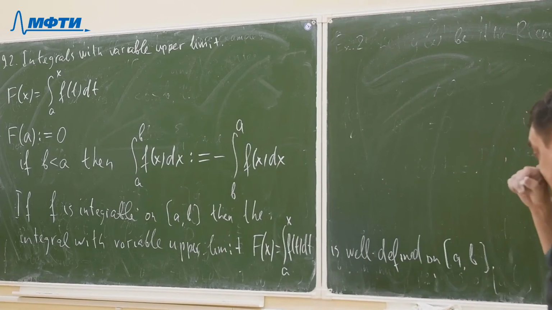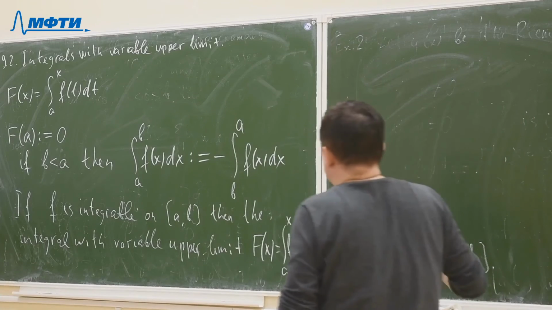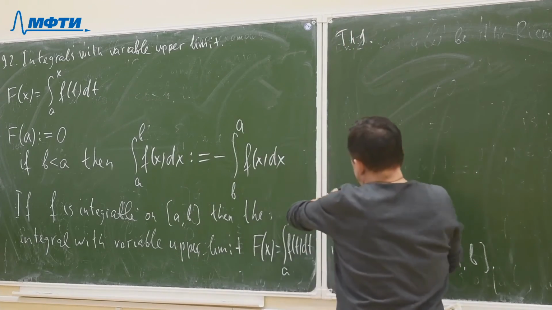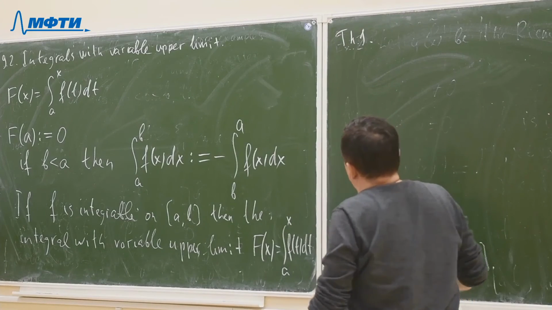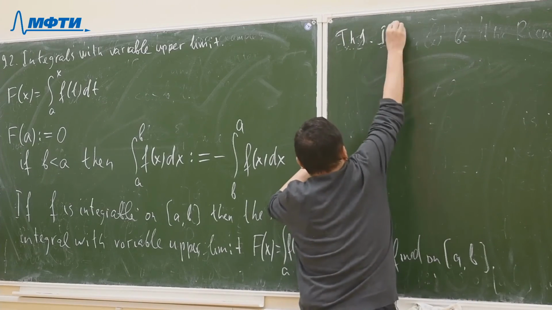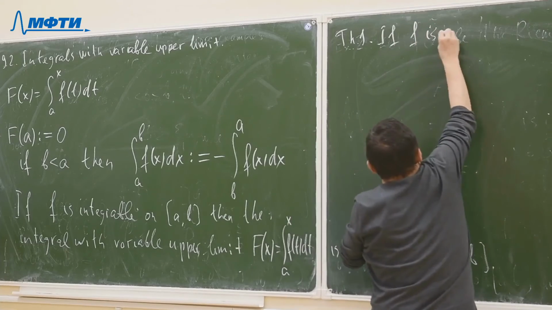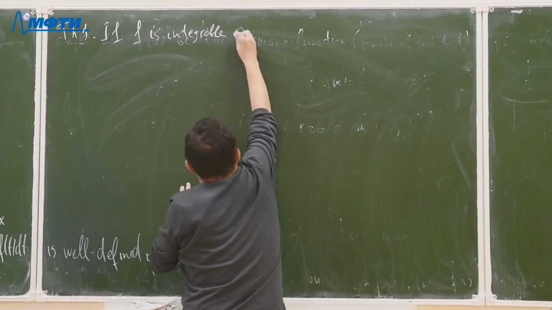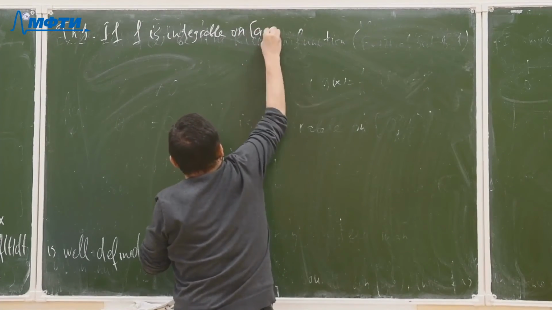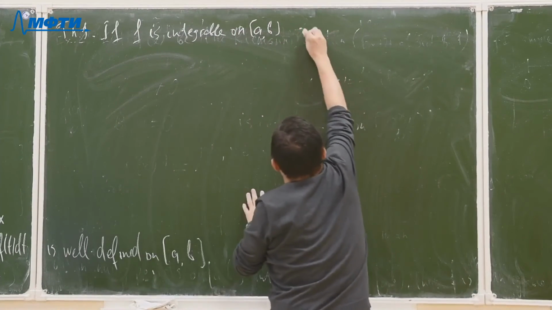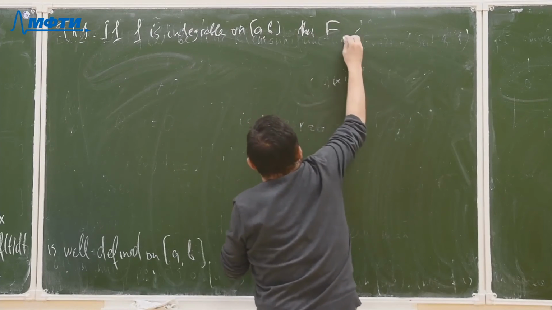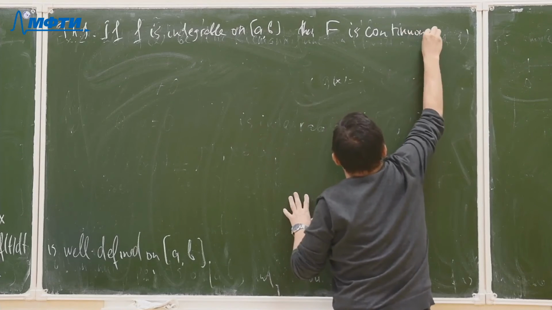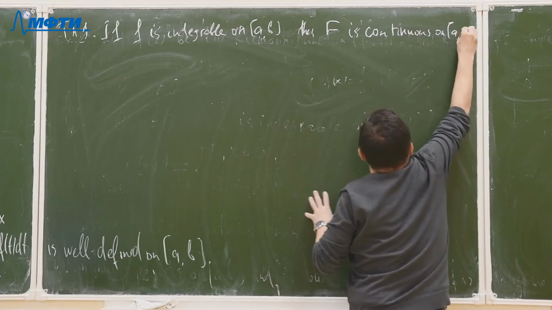Now, what are its properties? Theorem 1. If f is integrable on [a,b], then capital F is continuous on [a,b].